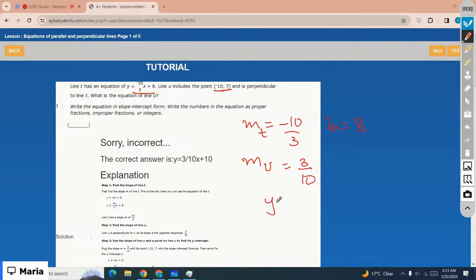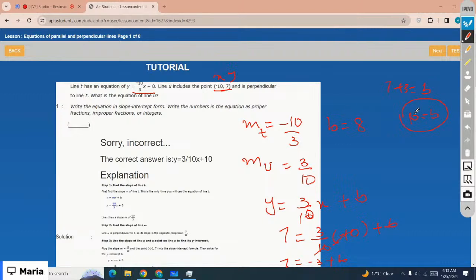So the equation is y equals 3 over 10 x plus b. You are given the point, just use this point and calculate the value of b. This is x, this is y. 7 equals 3 over 10 times negative 10 plus b. 10 and 10 cancel out, 7 equals negative 3 plus b. So 7 plus 3 equals b, and b equals 10.